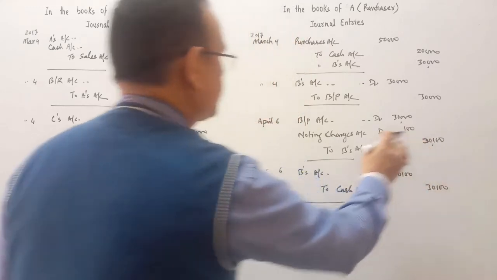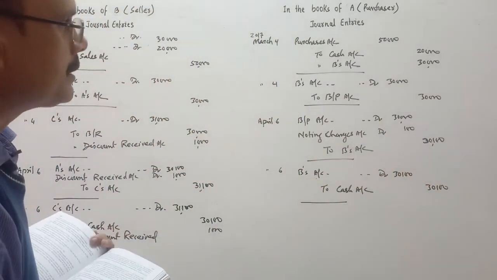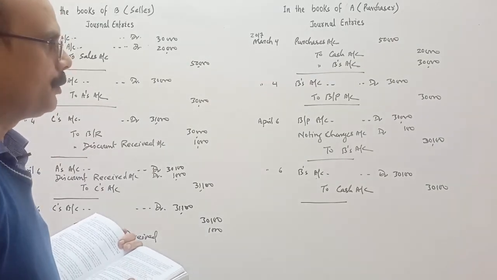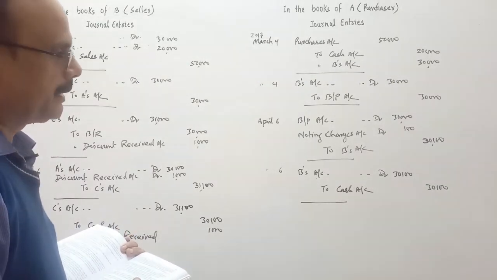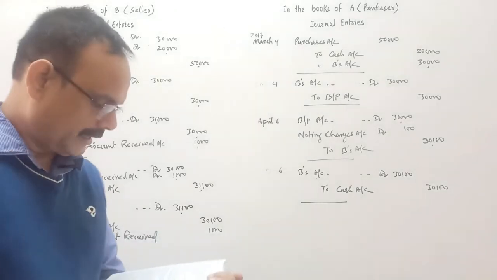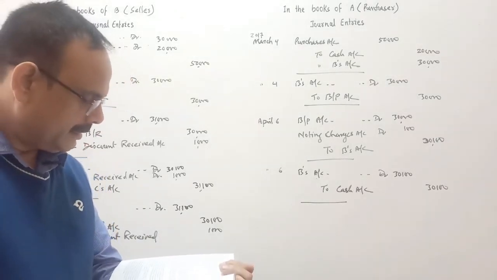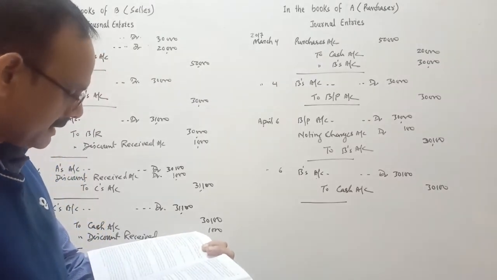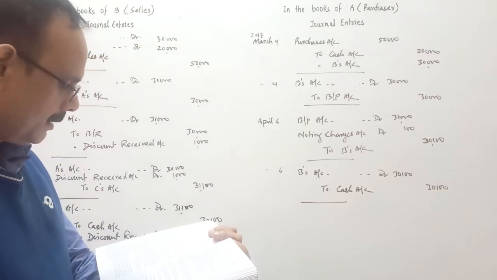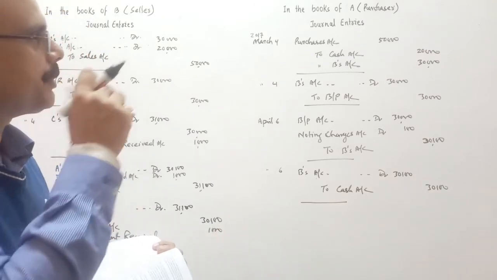B's account is credited with 30,100. So here B's account will be debited 30,100 to cash account. Okay. A settled B's claim by check for the same 30,100. Okay. Now we'll do the entry in the books of C as well.